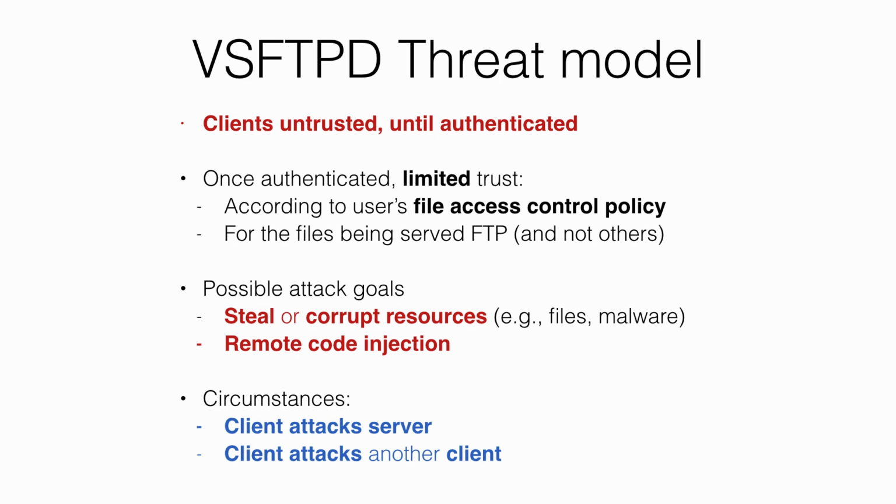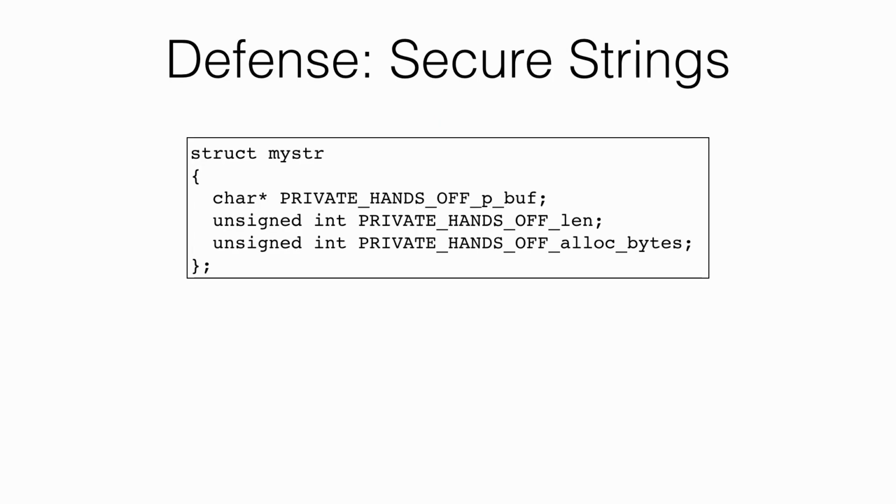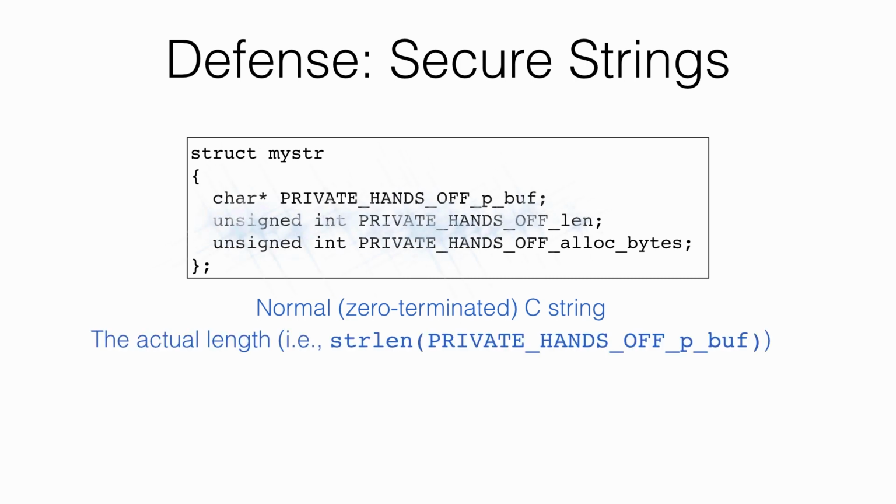Alright, now let's look at some of the defenses employed by VSFTPd's design. The first defense is the use of a secure string library. Here on the screen we see the code for implementing all strings that are used by VSFTPd. The first element is the normal zero-terminated C string. The next element is the actual length of the string.